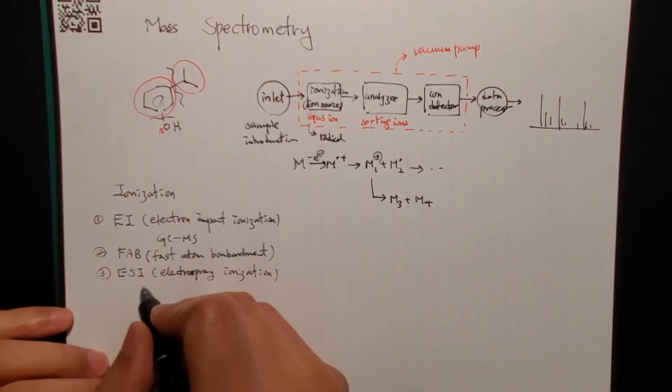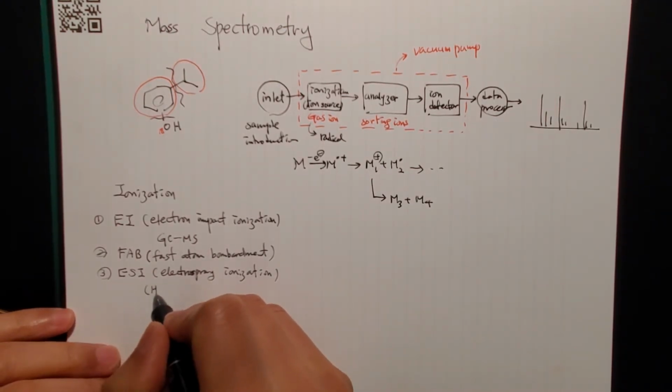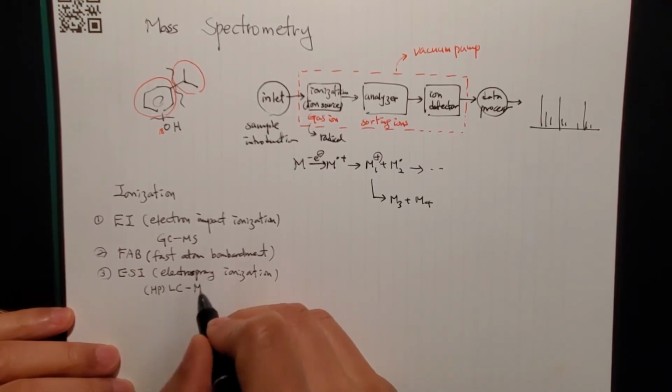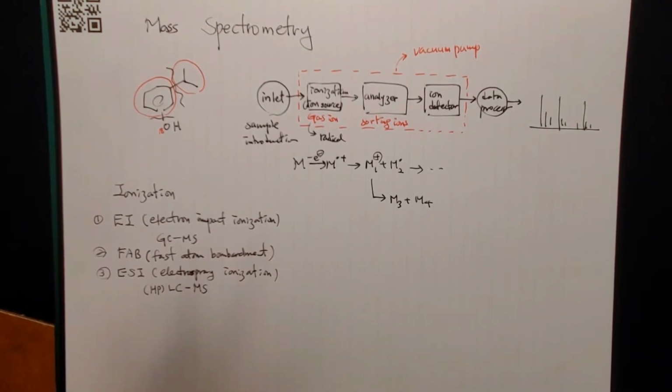This method is very often applied in LC, HPLC, as a sample injector after separating the mixture, with the mass spec as a sophisticated detector. That's how things are set up.